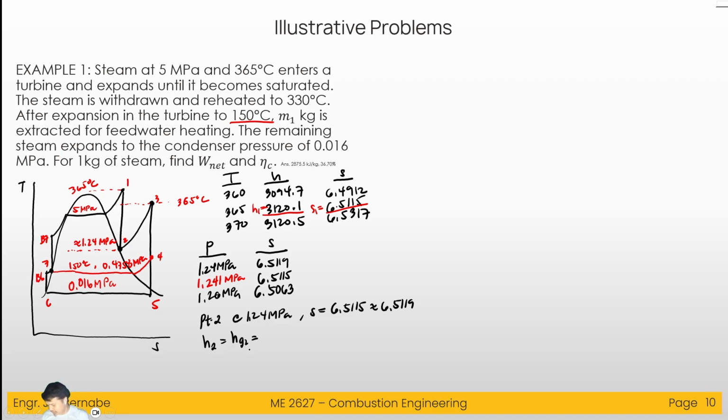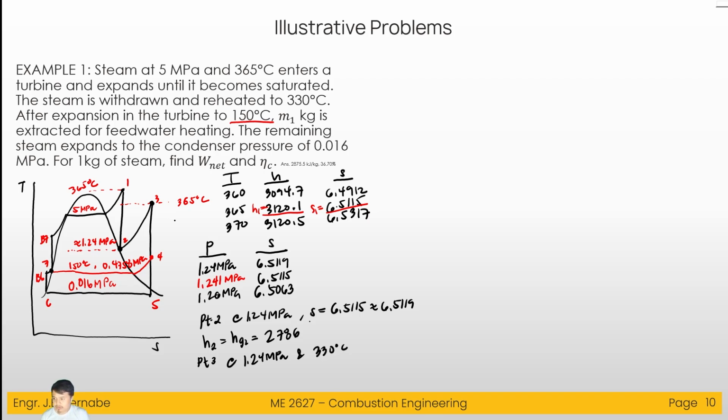What is Hg for 1.24? Let's take a look at it again. That is 2786 kilojoules per kilogram. For H3, it is reheated to 330 degrees Celsius, so for point 3 we are using Table 3, at 1.24 MPa and 330 degrees Celsius.